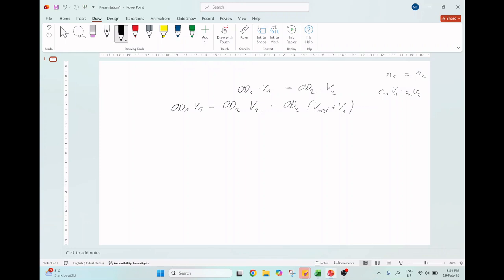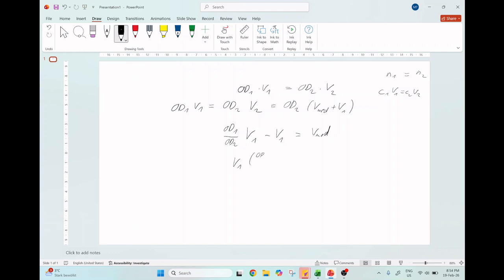So if we now want to solve for V1, we can say OD1 by OD2 V1, and then we subtract V1. This is V med. Then we take the V1 out of the bracket.